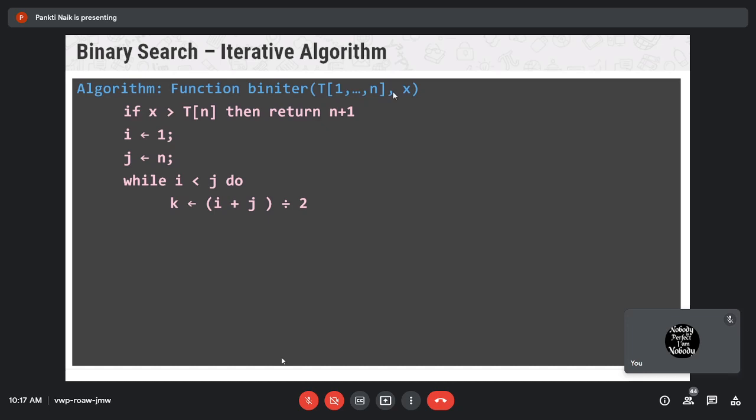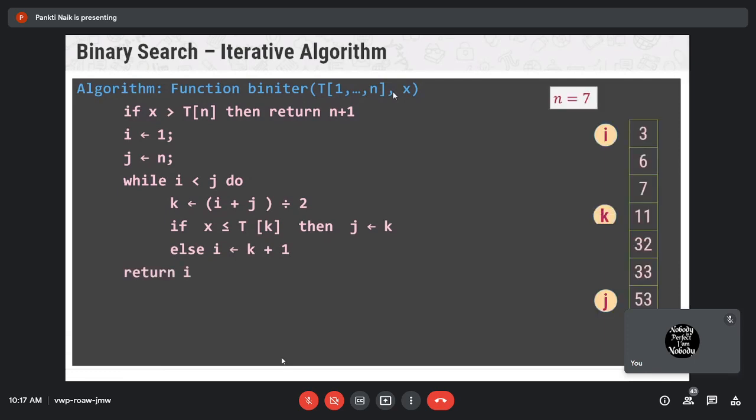It will give you the midpoint value. Now check if your key value is less than the midpoint value, then assign the value of k to j. So the midpoint value you had now becomes the value of k. Else i equals k plus 1, and return i.